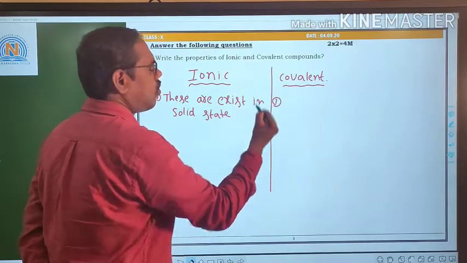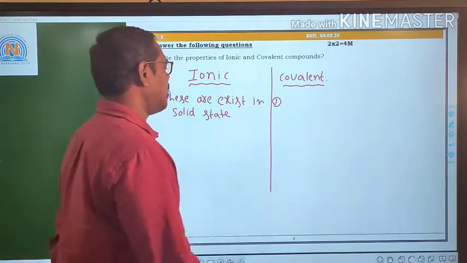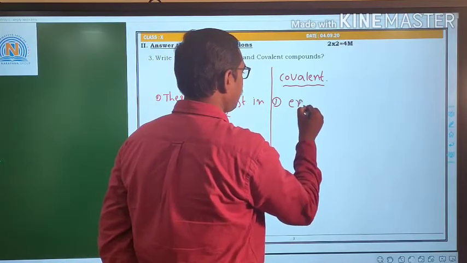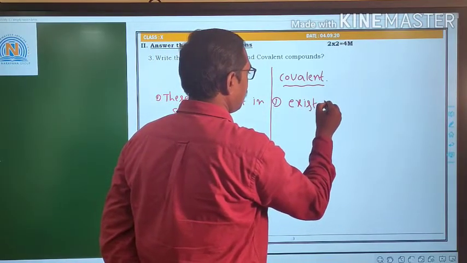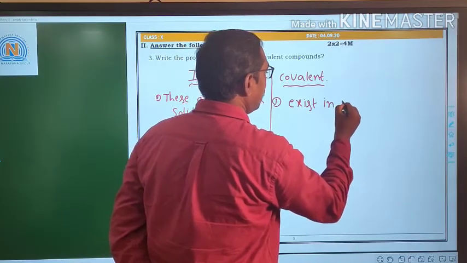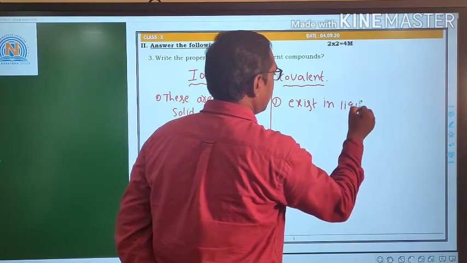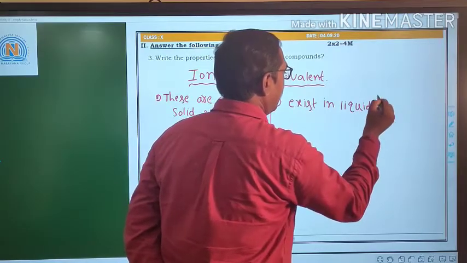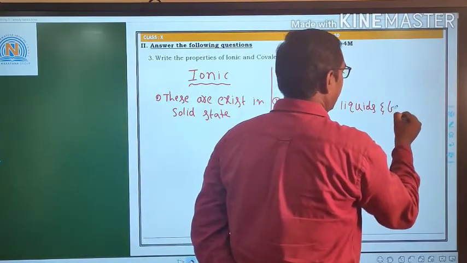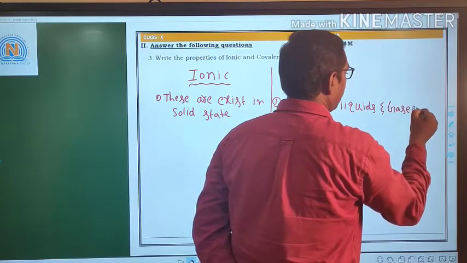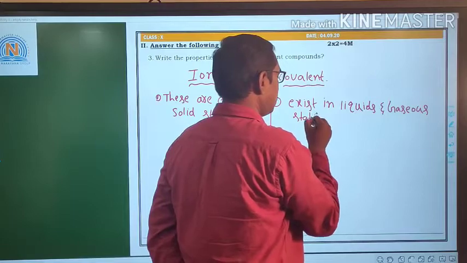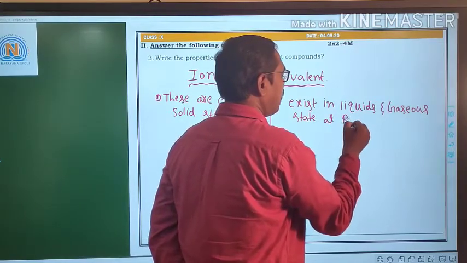Covalent compounds exist in liquid and gaseous state at room temperature.